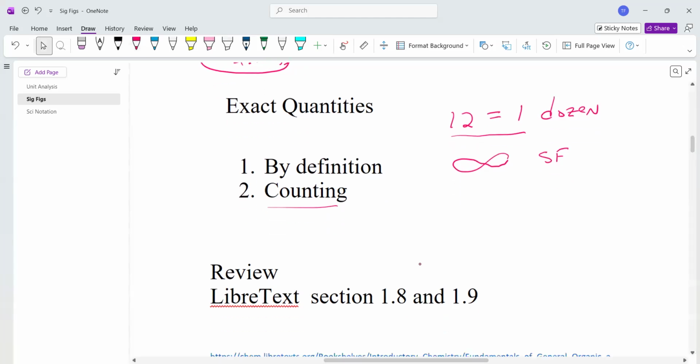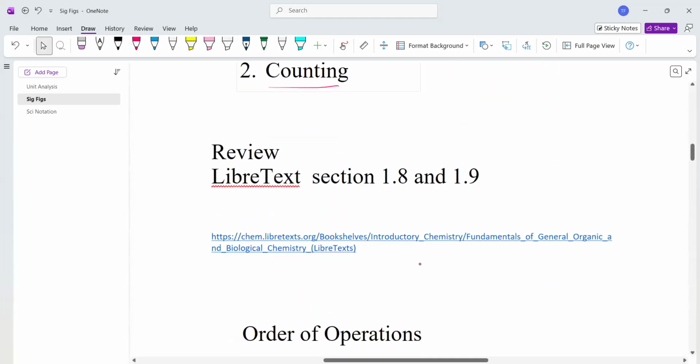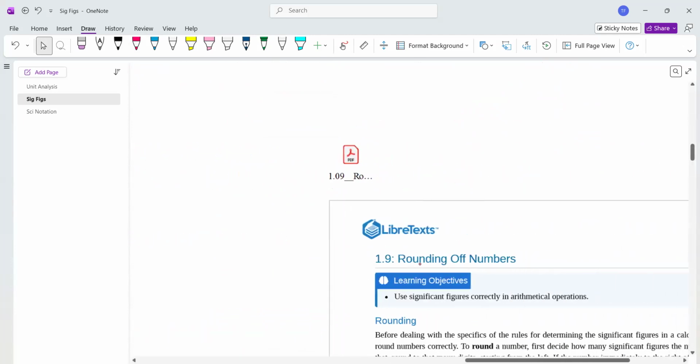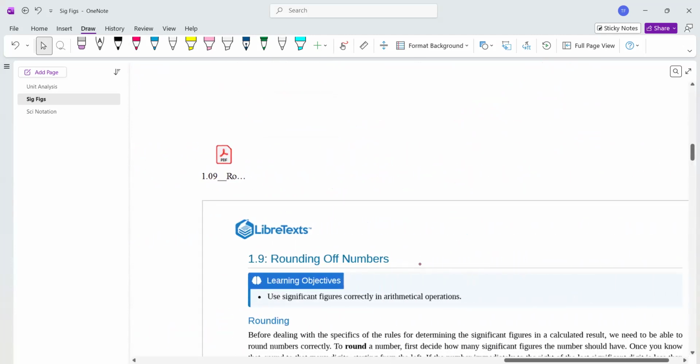Okay, now this material is covered in the online book. And here's a link to it here. But there's an active link in the syllabus. And you can download sections if you want. You can download the whole thing if you want. I don't know how many pages it is, but it's quite long. In fact, I downloaded it right here. This is what it looks like. This is section 1.9.